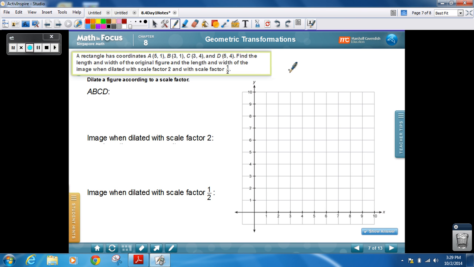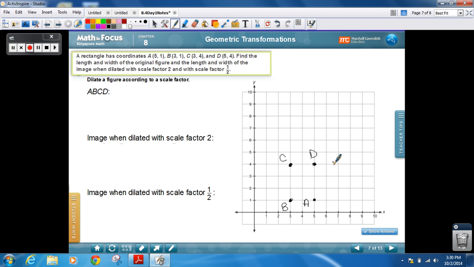Our next one says a rectangle has coordinates A is 5, 1. Remember, make sure you label them as you go. B is at 3, 1. C is at 3, 4. D is at 5, 4.